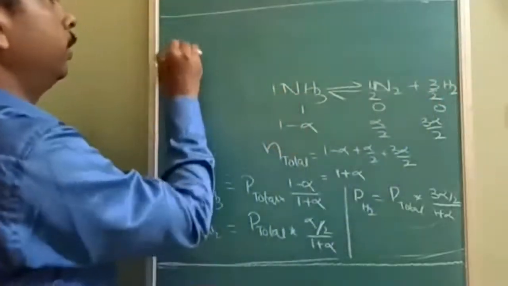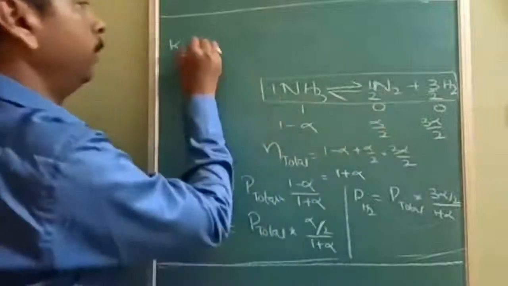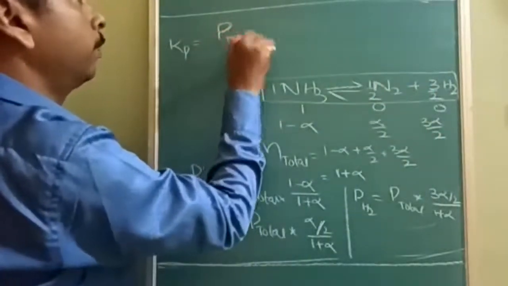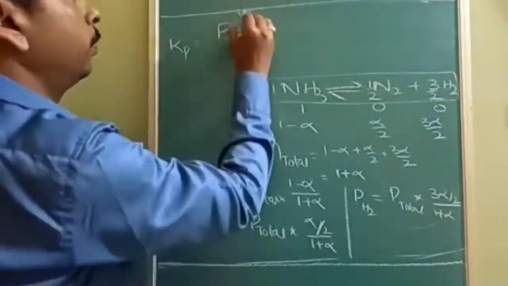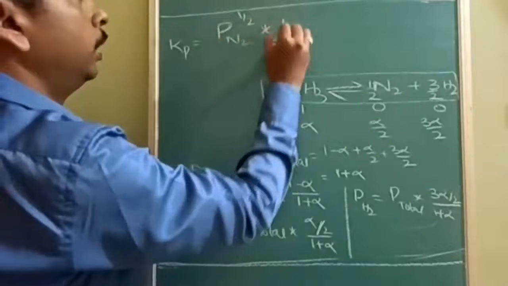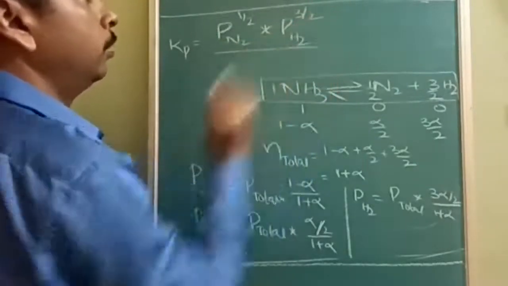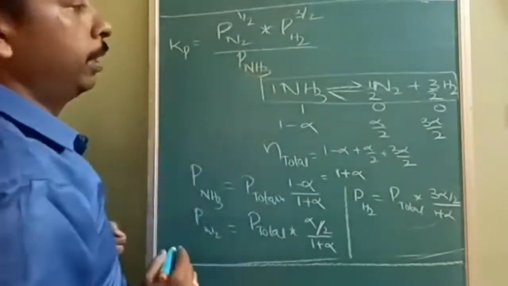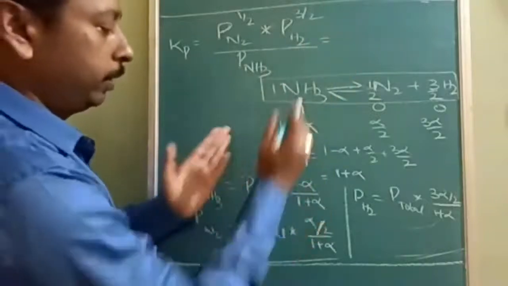So Kp for this equation I am finding out. Kp is equal to partial pressure of N2 to the power of 1 by 2 into partial pressure of H2 to the power of 3 by 2, whole divided by partial pressure of NH3. Now one by one you substitute it here.